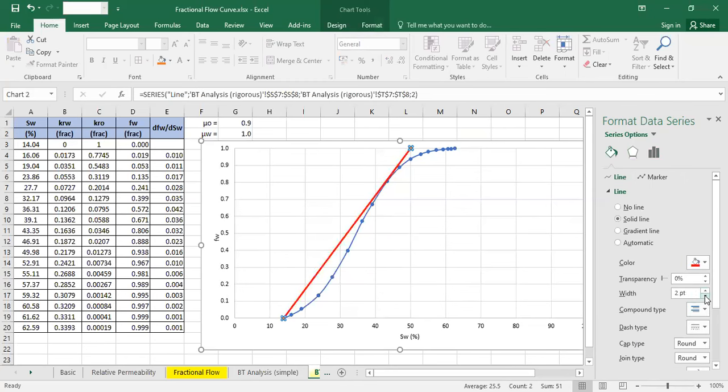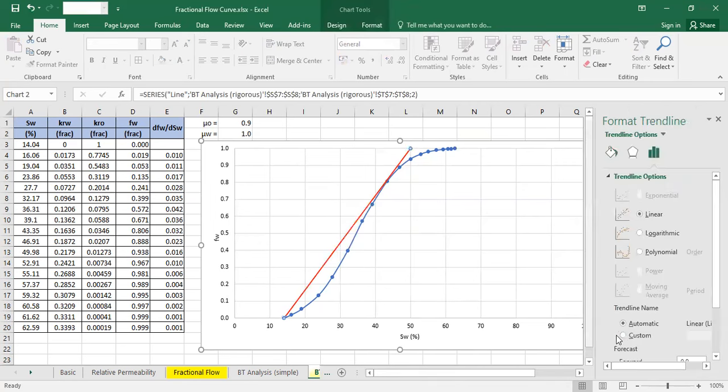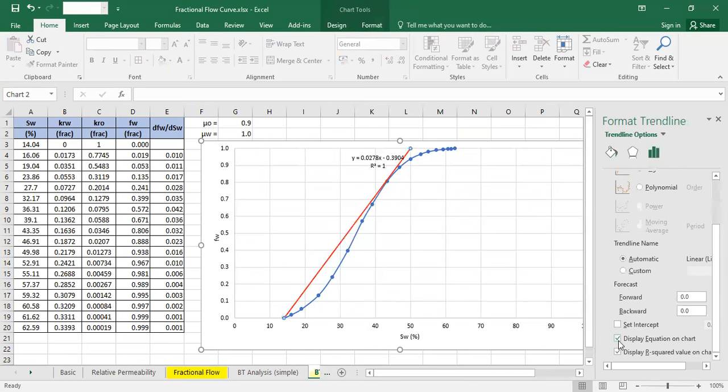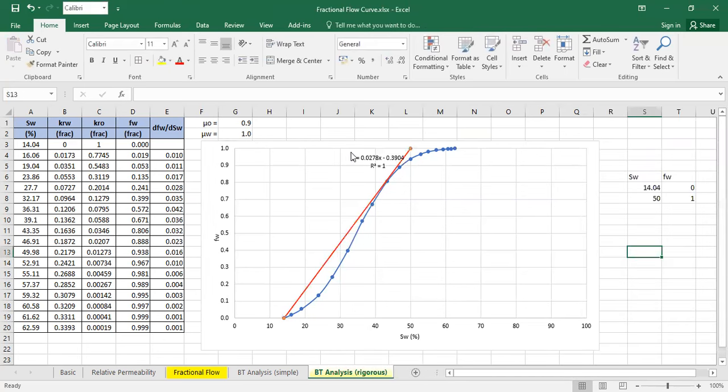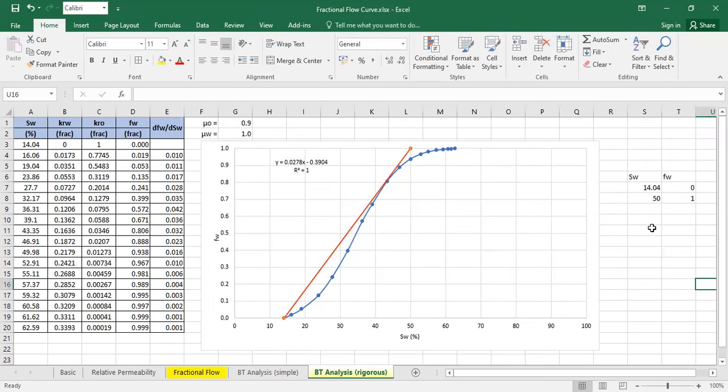So we can show the line, the equation there. Okay, right? So if I have an equation like this, y is mx plus c, right?